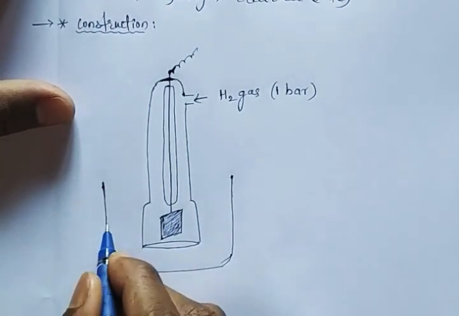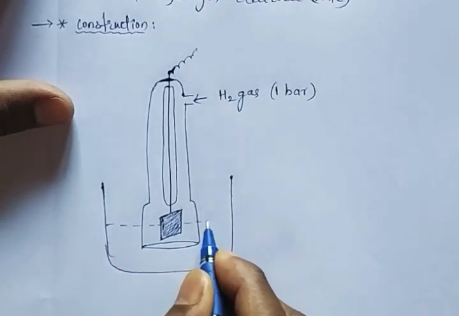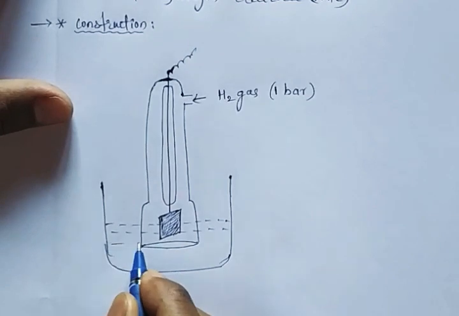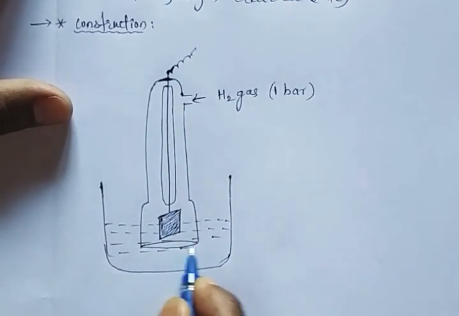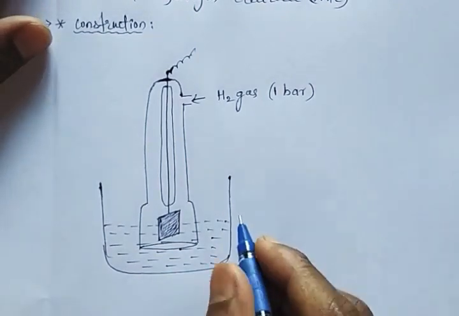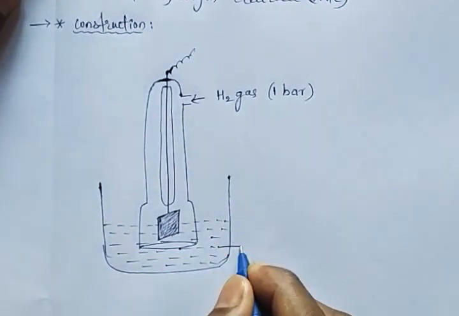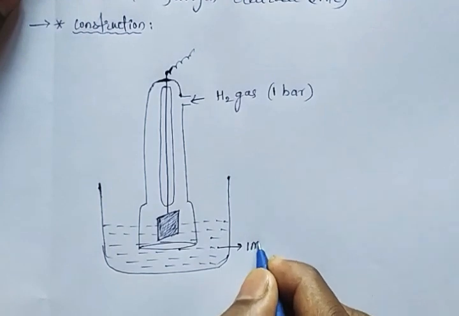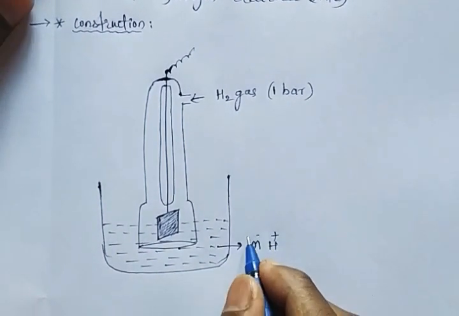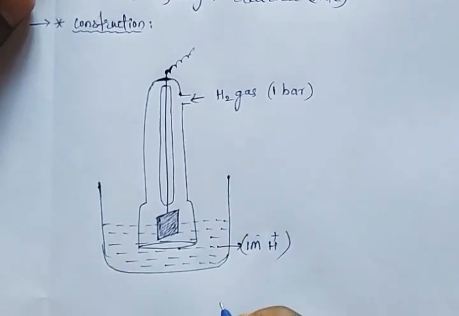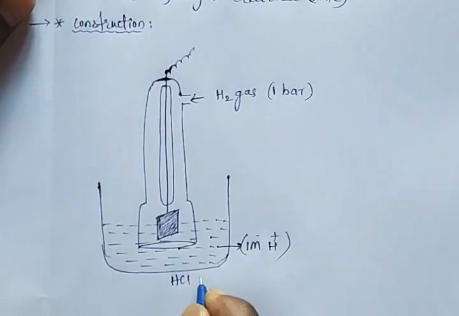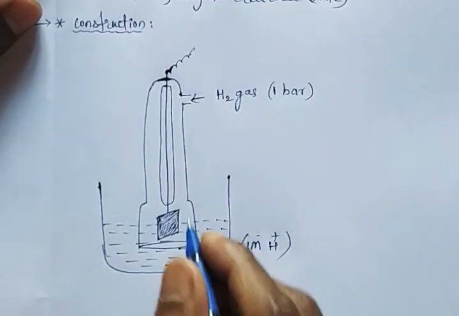The concentration of the solution is 1 molar. The platinum foil is half dipped in this solution. This is the construction of SHE. It consists of 1 molar HCl solution, with 1 molar H plus ions. This is the HCl solution.